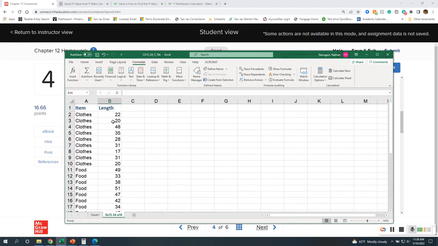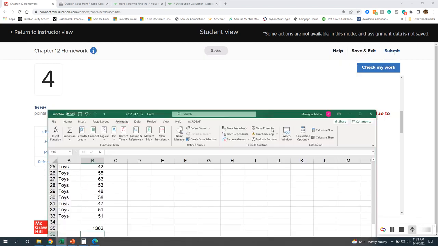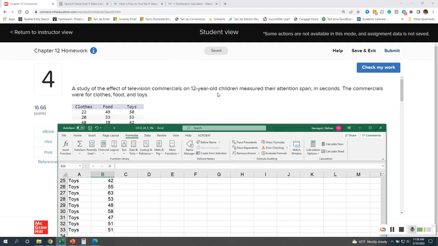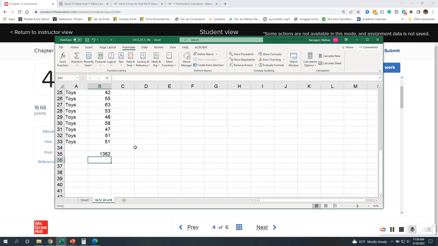And we have a combined total of 32. Make sure that balances to what we have here. Yeah, it looks like it. So this divided by 32. Okay, so we got about 42.5625. Nice.